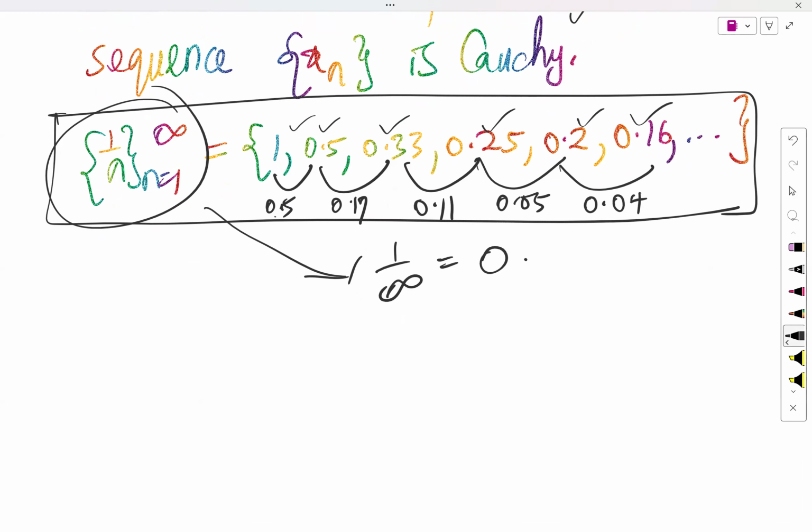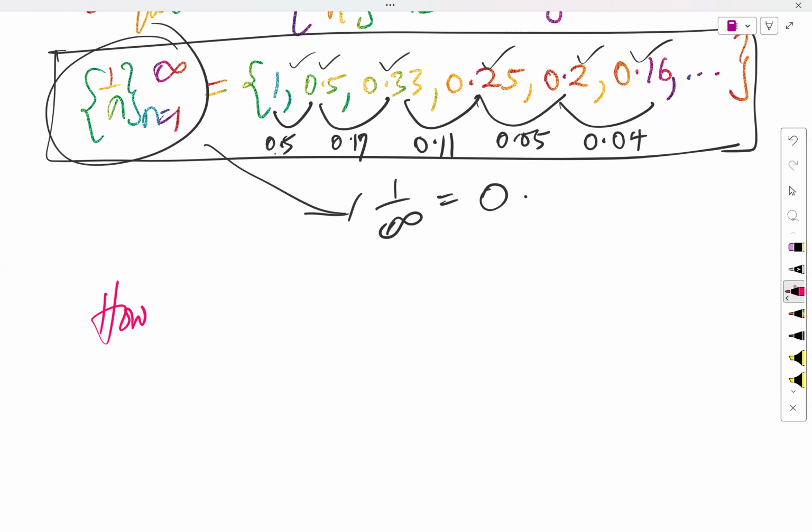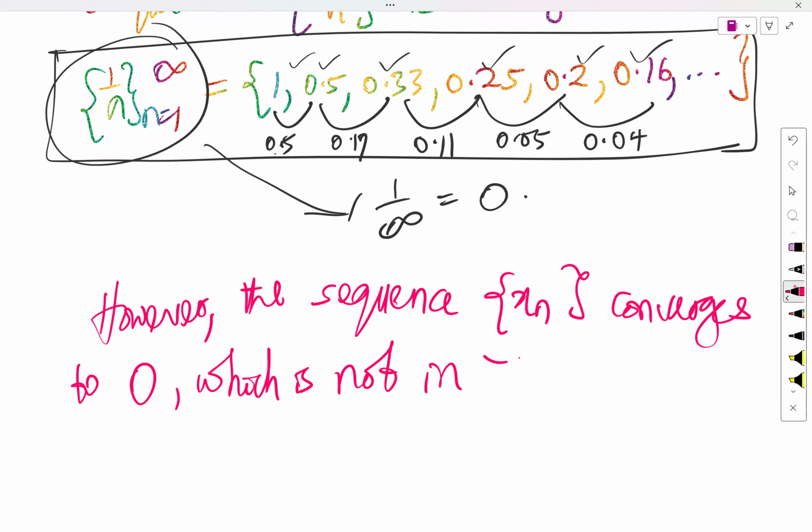So in that case now, we can say, however, the sequence xn, which we have established to be Cauchy already, converges to 0, which I just explained, which is not in Y. You already remember that Y is (0, 1].